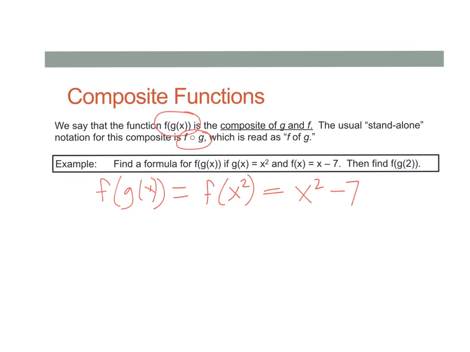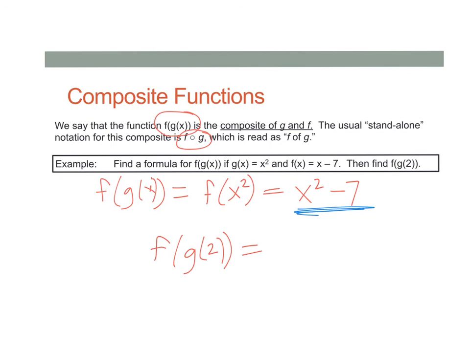People have a lot of trouble with them. This is an easy one, and I'll maybe show you some harder ones in a minute. So f of g of 2. There's more than one way to do this. You could plug the 2 into g first and get 2 squared, which is 4, and then plug 4 into f. Or you can just use this new equation we wrote and plug 2 right into it.